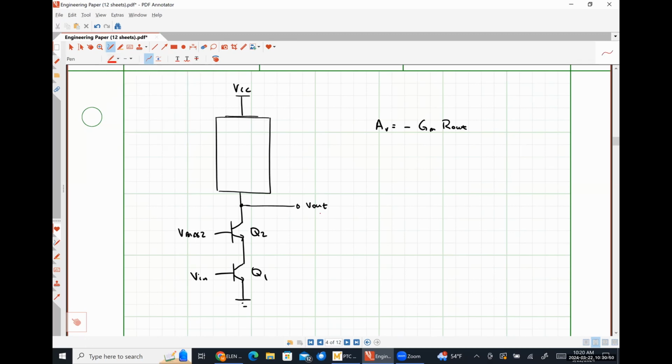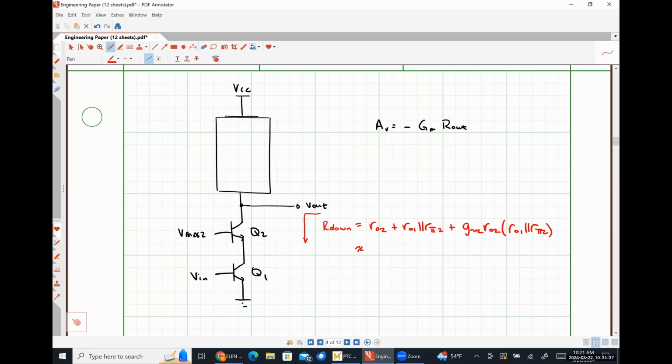And we found that the resistance R out looking down, which I'm just going to call R down, was equal to, let me find it here in my notes. rO2 plus (rO1 in parallel with rπ2) plus gm2 rO2 times (rO1 in parallel with rπ2).